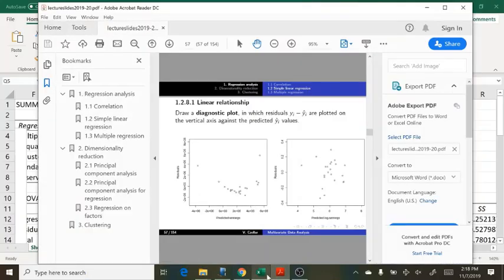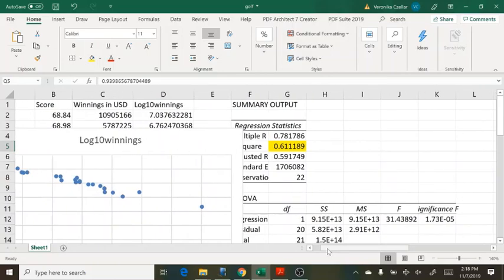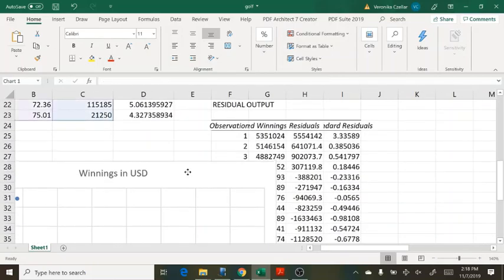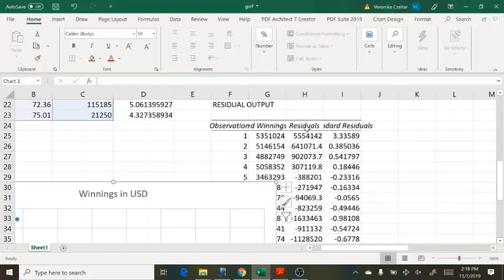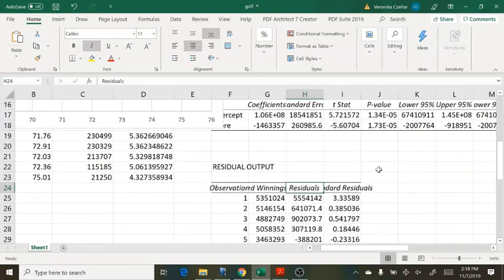Predicted winnings, concretely, I go back to my Excel file. I already asked Excel to report the residuals and even the standardized residuals. What I will do is plot the residuals against the predicted values, the predicted winnings, right?